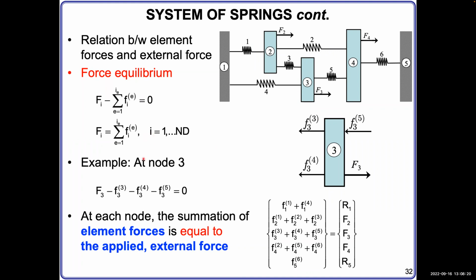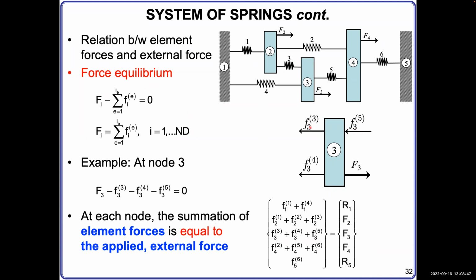So if we look at a specific example for node number 3, you will see F3, the external force, minus the 3 forces coming from the springs equals 0. In the last lecture, after class, He Yang asked a question about the sign of this. You actually don't need to worry about the sign here.